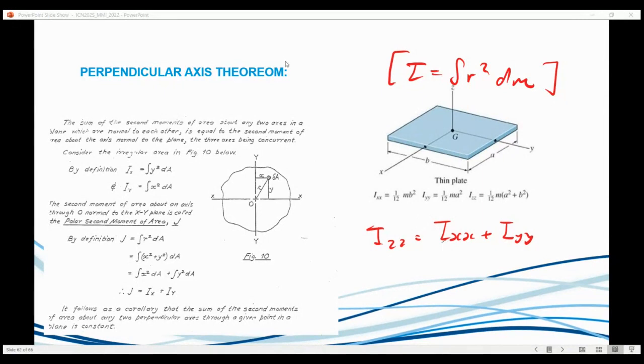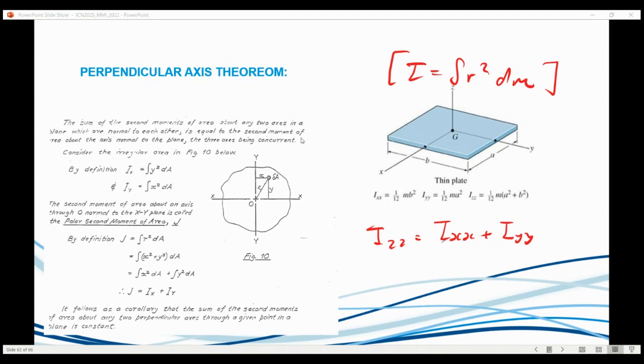Typically, if you're doing the reassessment, you might see one of these problems. However, for the main tests and the exams, it's more unlikely. So rather do your parallel axis theorem with all the other combinations, and you'll be more than ready.